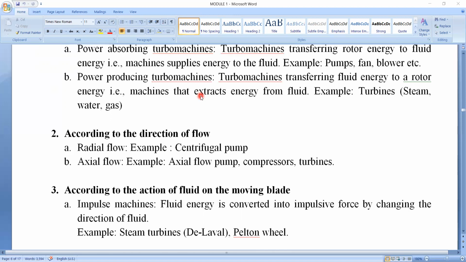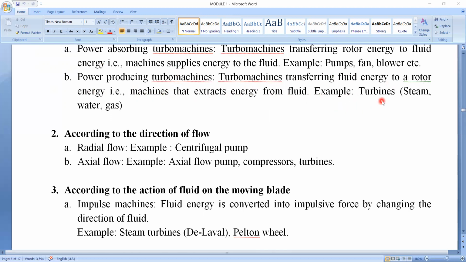Whatever it may be, the fluid energy is converted into useful mechanical work, in the form of rotation of the shaft. So at the outlet, we get mechanical energy in the form of rotation. These turbo machines transfer the fluid energy to the rotor energy, so machines that extract energy from the fluid are known as power producing turbo machines.